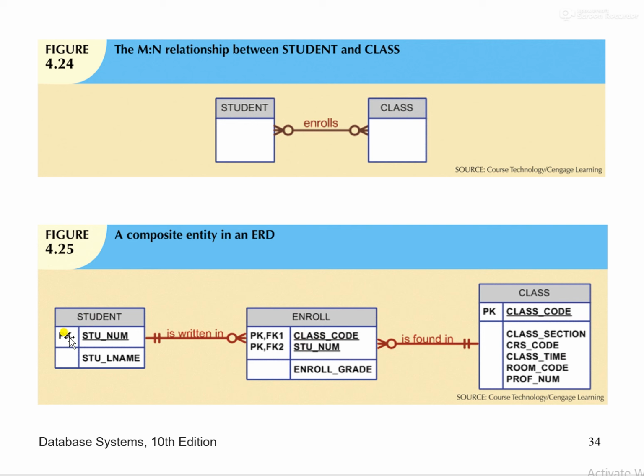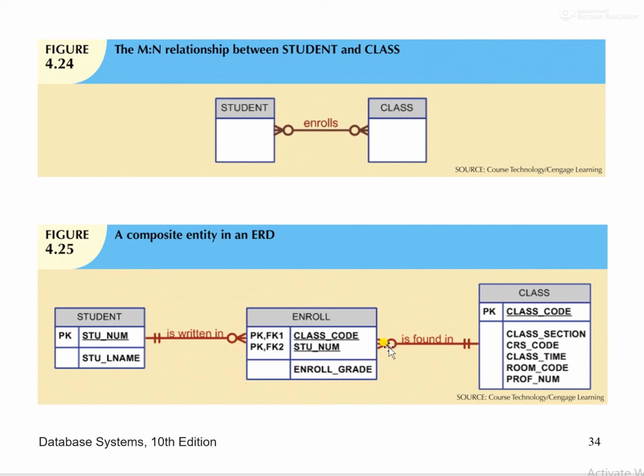And then the student entity has a primary key of student number, class has a primary key of class code, but enroll will have a primary key made of the primary keys of both student and class. That class code and student number is not only a foreign key in the enroll table but also the primary key here, and we change this many to many relationship into one to many form.